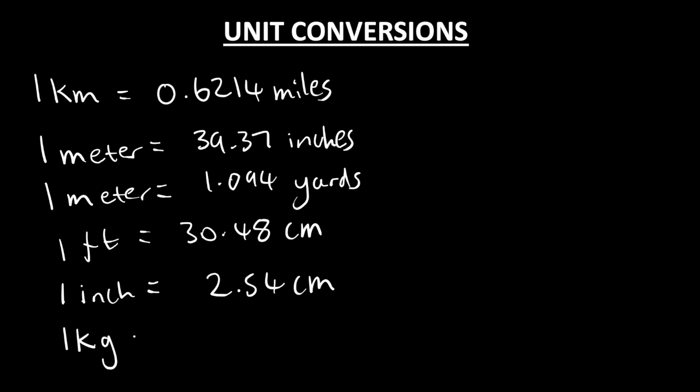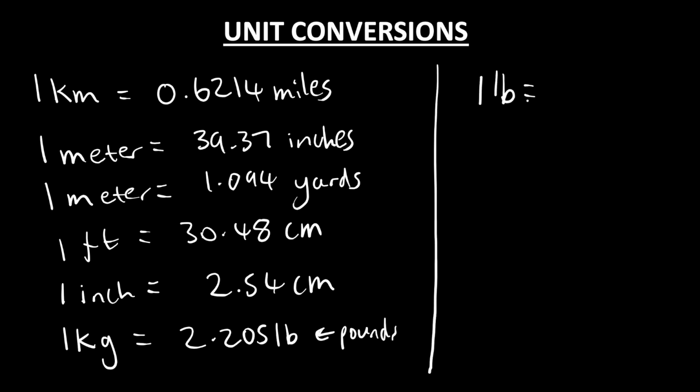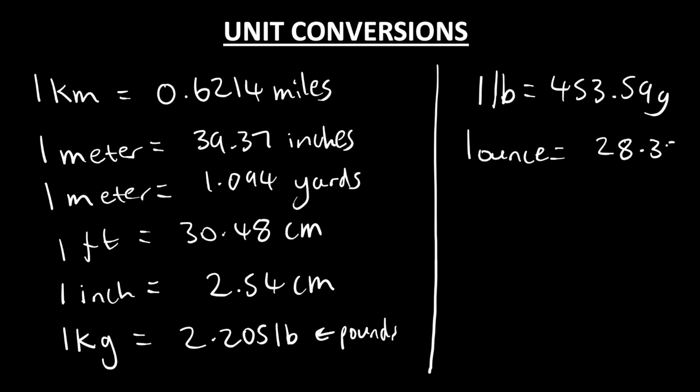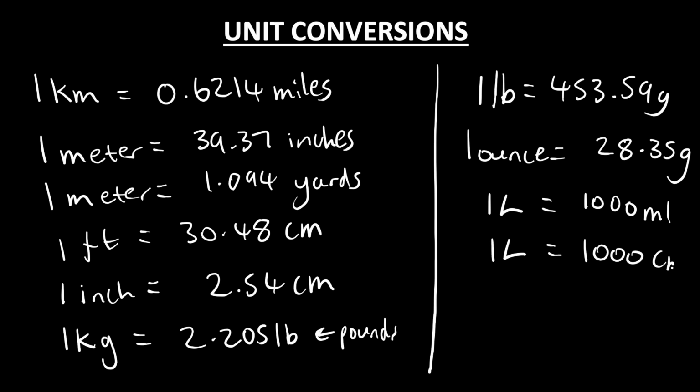1 kilogram equals 2.205 pounds. That symbol means pounds. 1 pound equals 453.59 grams, and 1 ounce equals 28.35 grams. 1 liter equals 1,000 milliliters. 1 liter equals 1,000 centimeters cubed.